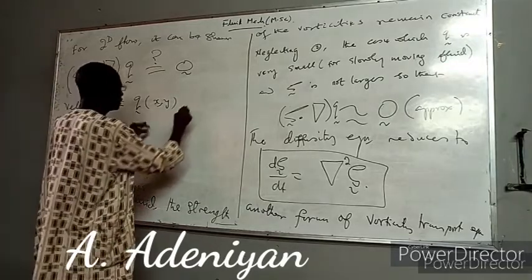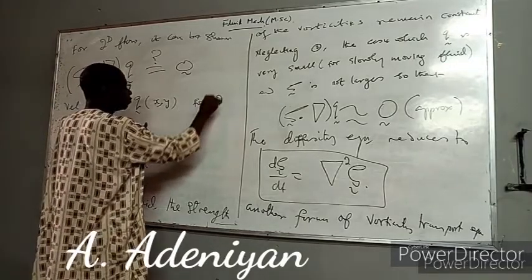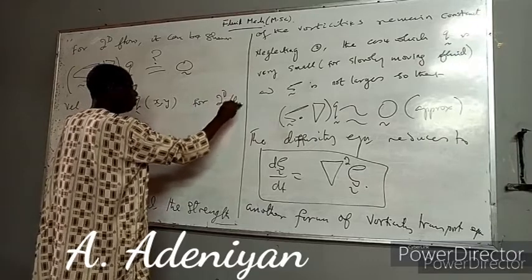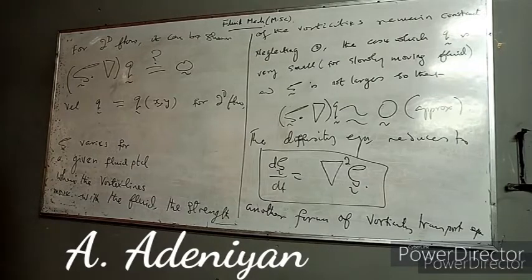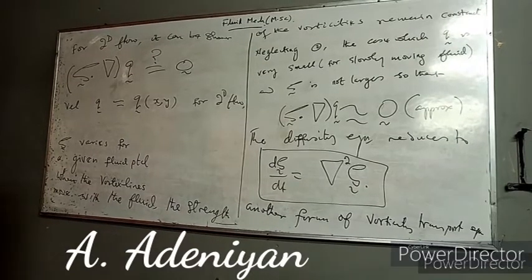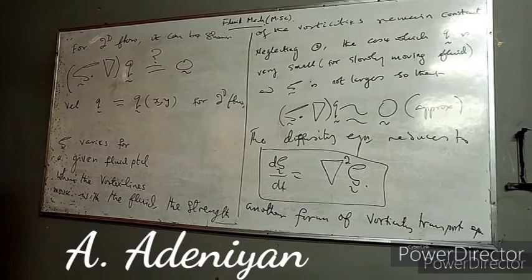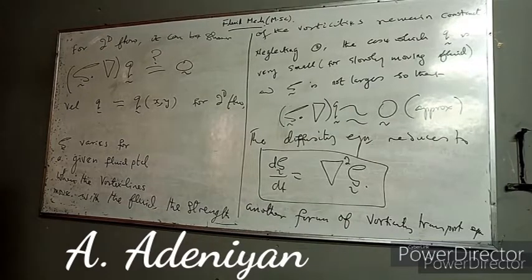Let velocity q exist for 2D flow. That is the case that the velocity depends on x and y.